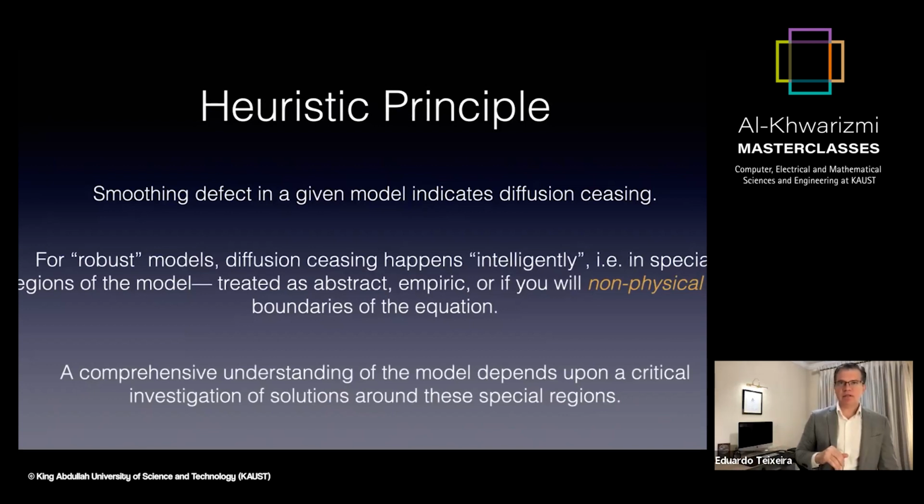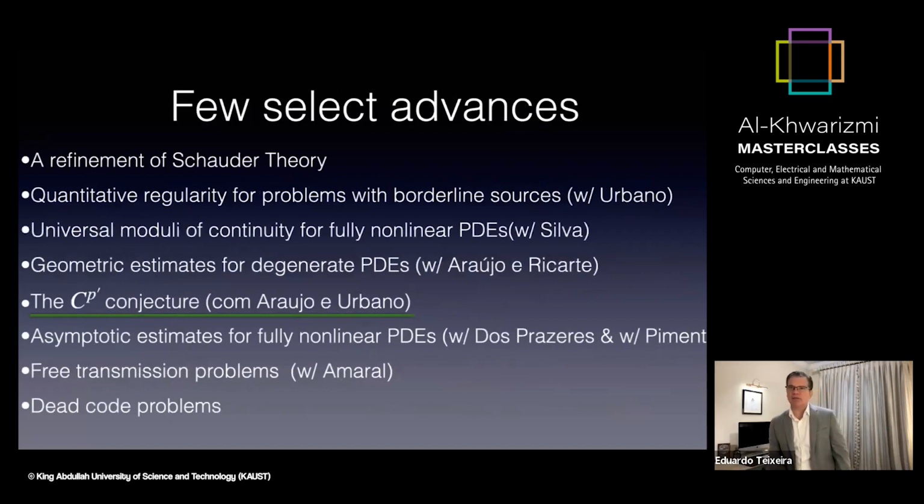And this is, as I said before, a successful program that we have put together with many collaborators, young students, and it's been a delight to pursue problems with this perspective. There are a few select advances that I brought here. Using these kinds of techniques and this kind of analogy and geometric tools from free boundary problems to study nonlinear diffusion, we have been able to refine Schauder theory to obtain quantitative or qualitative regularity for problems with borderline sourcing.